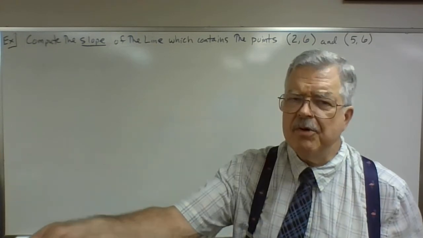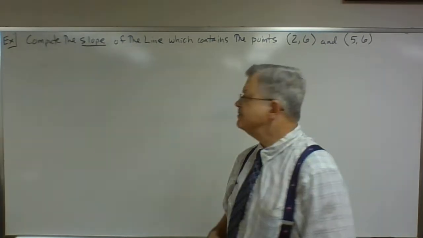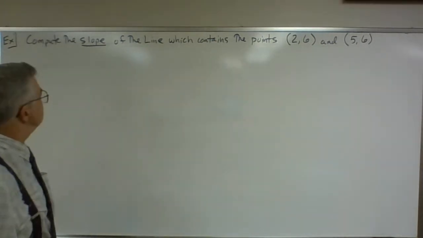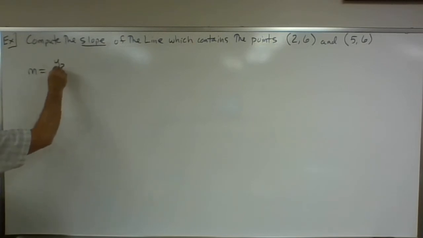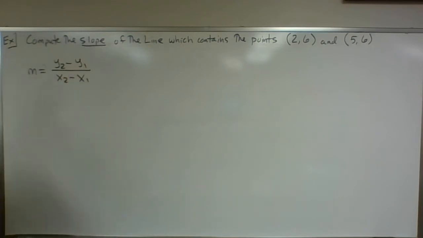And we remember what the formula for the slope of a line is. A line which goes through 2 distinct points, the slope that we represent by the letter m is equal to (y2 minus y1) over (x2 minus x1).